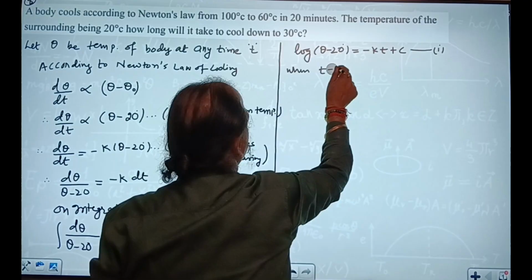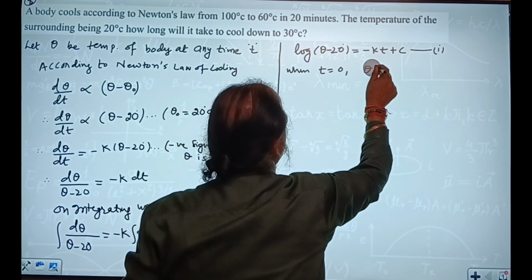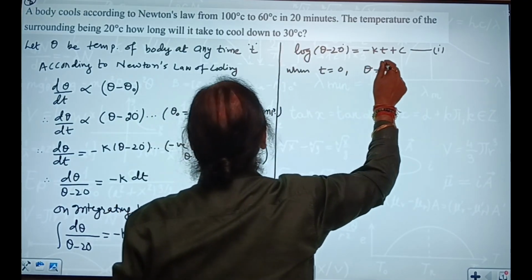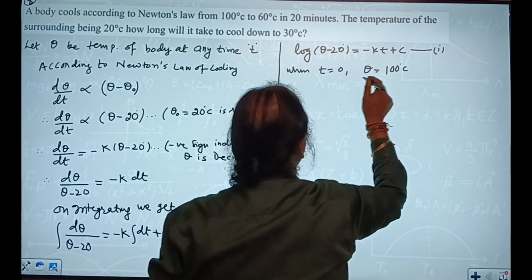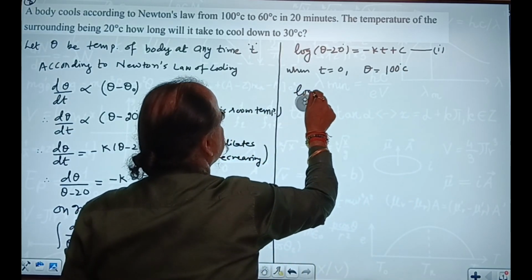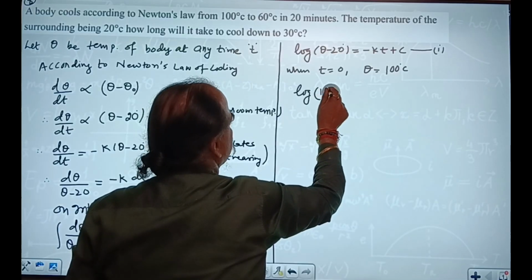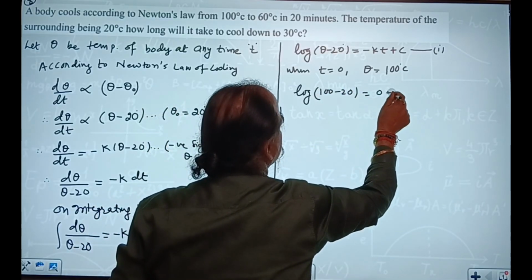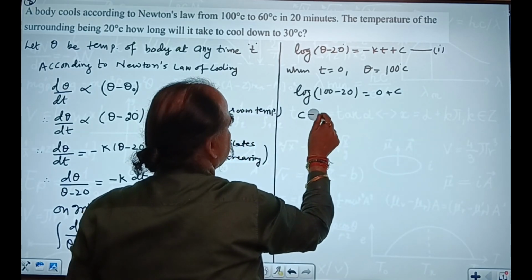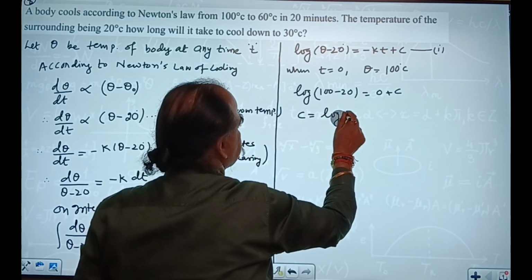When time is 0, theta is what? 100 degrees Celsius. So log of 100 minus 20 is equal to c, so c is log 80.